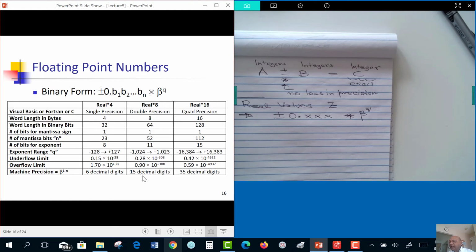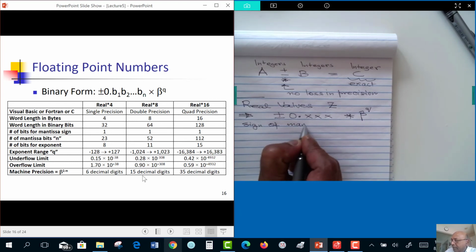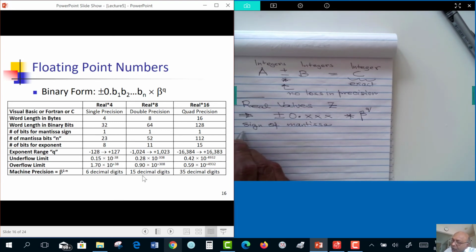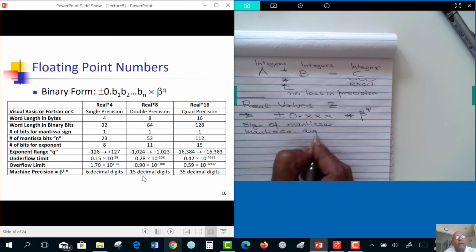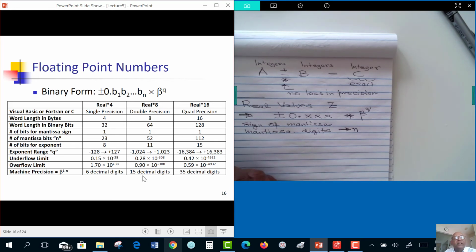So first of all, we need to store the sign of the mantissa. Then we need to store all the mantissa digits. Let's say there are n of these. So we have n significant digits in our number.